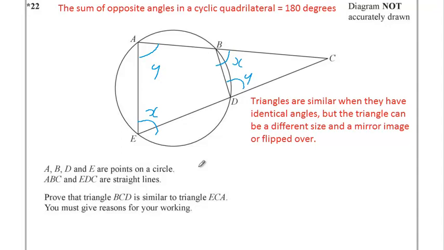Let BAE equal Y. So this angle here, BDE, must equal, according to this, opposite angles in a cyclic quadrilateral equal 180 degrees. This angle here must be 180 minus Y. So let's write that down. And therefore this angle here, BDC, must be 180 minus BDE, this one here, which will get us back to Y. So we'll look at that.